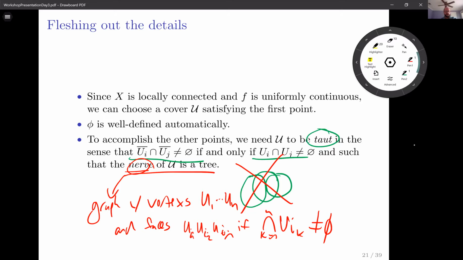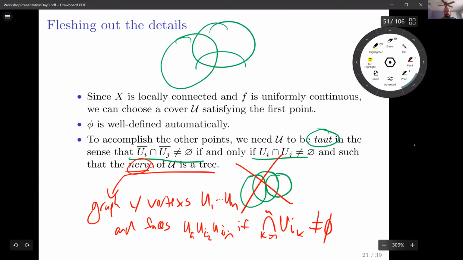That's a little bit messy, but the idea is this. Suppose I had a cover like this. Let's call these U1, U2, U3, and U4, U5, U6.